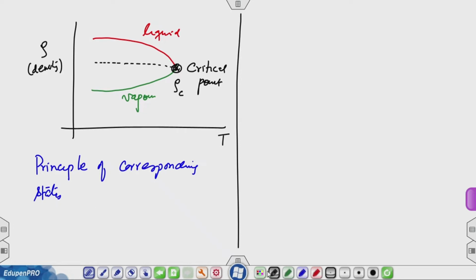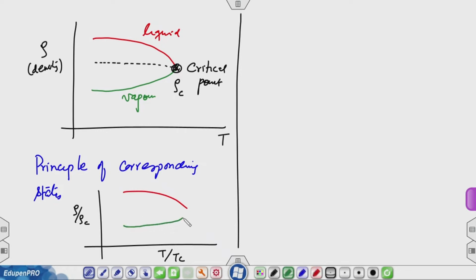If I were to plot the density divided by rho critical and T divided by T critical, the curves will look still the same, except that now I have scaled it, and most of the gases fall around it.